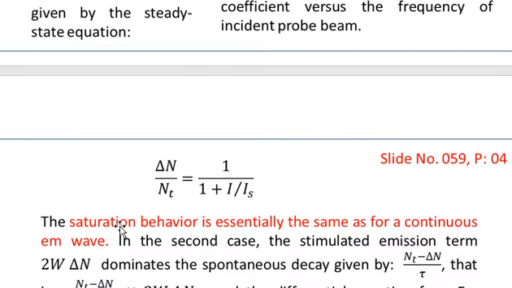That is, the ratio of the population difference to the total population is equal to 1 over 1 plus the ratio of the intensity of the saturating beam to the saturation intensity. Here this I is actually the intensity of the pulse, that is I as a function of t.